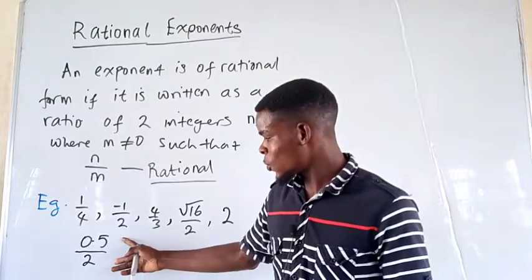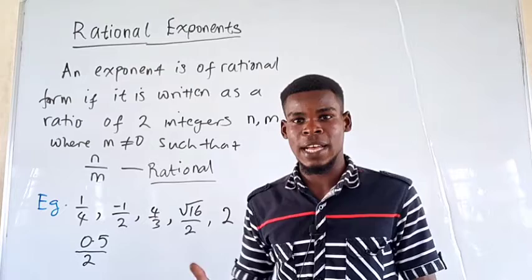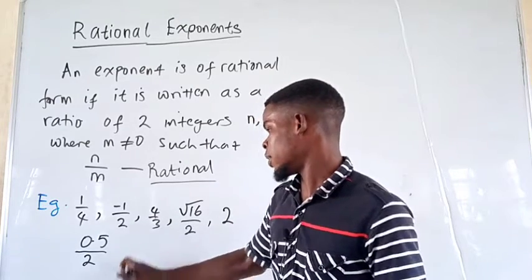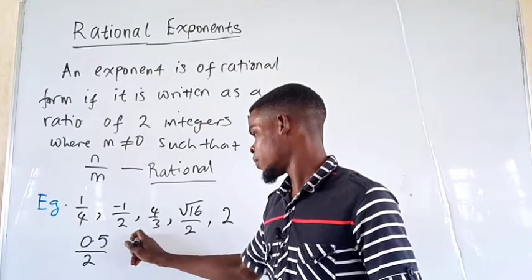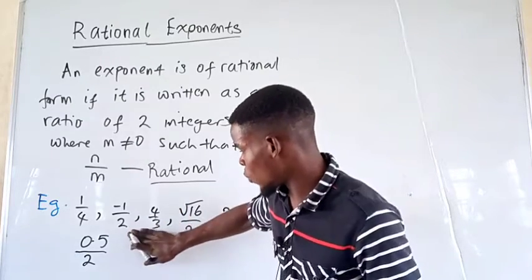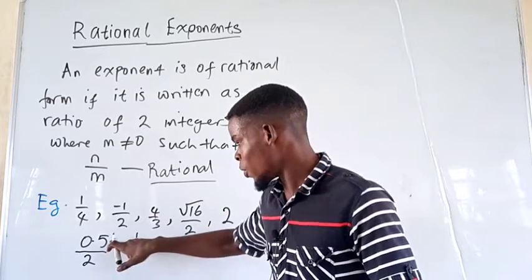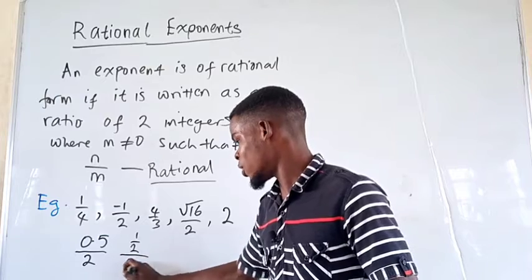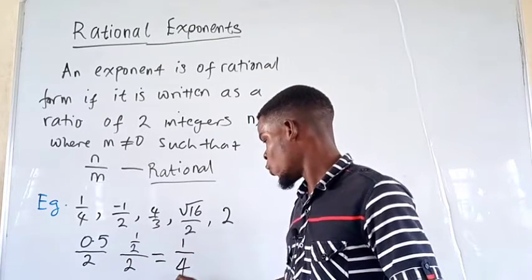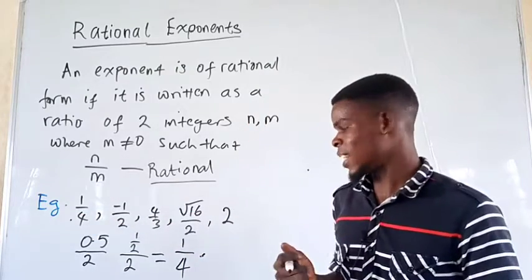Well, this is also a rational number because 0.5 can be written as a ratio of two integers. 0.5 can be written as, let's say, 5 over 10, or you can even put it down as 1 over 2. So 1 over 2 is the same thing as 0.5. So this is 1 over 2 on the top, divided by this 2 on the denominator. All in all, we're going to end with 1 over 4, which is also a ratio of two integers.